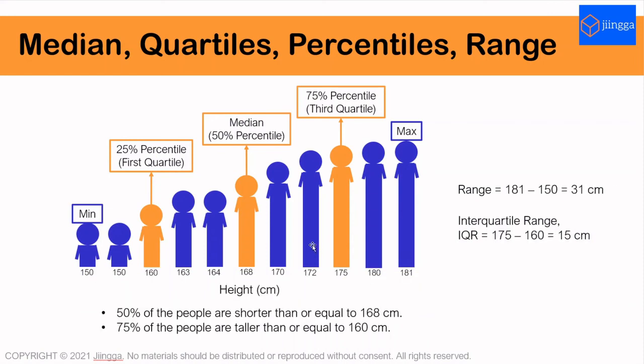In this example, 25% of the people are shorter than or equal to 160 cm. In other words, 75% of the people are taller than or equal to 160 cm.